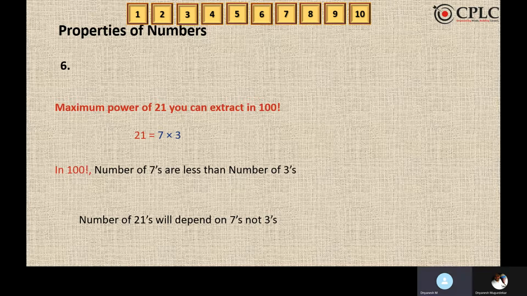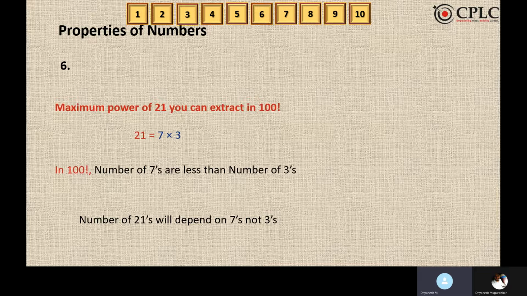Individually 3 and 7 we don't care, because we need them together to form 21. So the number of 21s will not depend on the number of threes, but it will depend on the number of sevens, the bigger number. In the concept part we did, the number of tens will not depend on the number of twos, because 2 being a smaller number will always be more in quantity. It will depend on 5 because 5 being a bigger number will always be less in quantity. Same idea here as well.